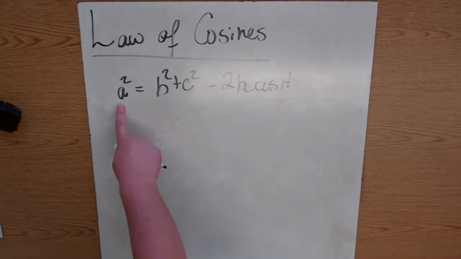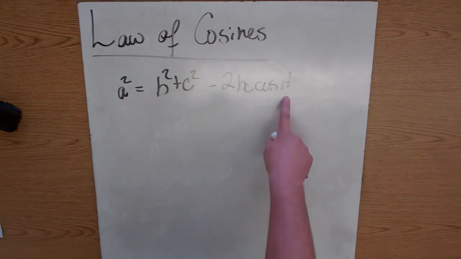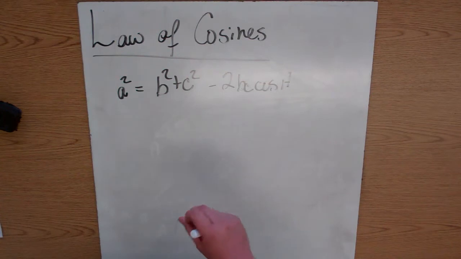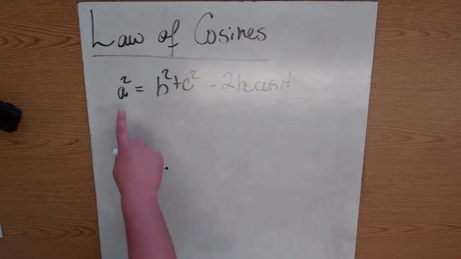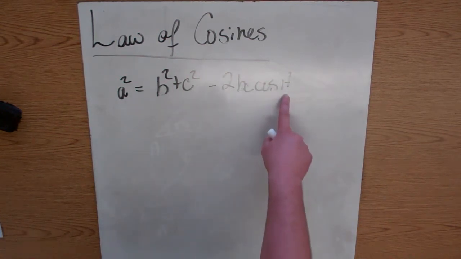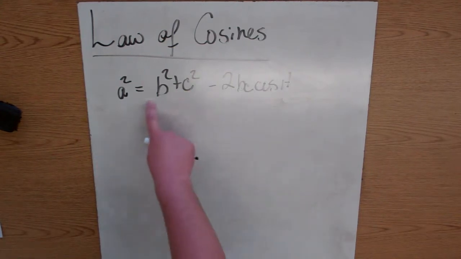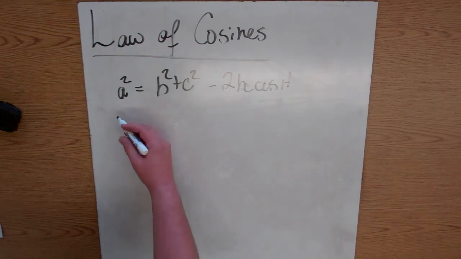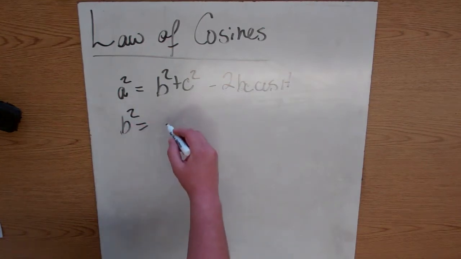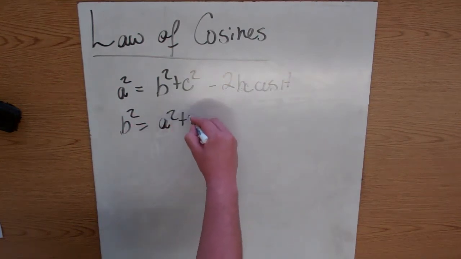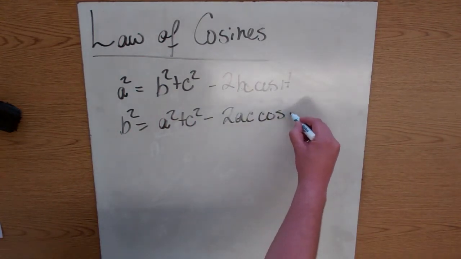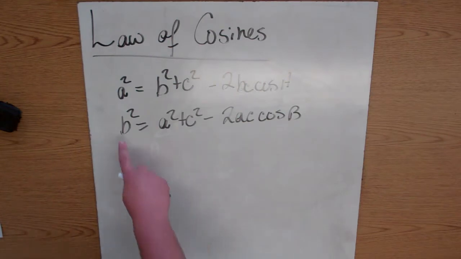If you notice, you start with A, you end with A, but you don't have A in the middle. That's how all of these are going to work out. You start with a letter, you end with the same letter, and in between you have the other two letters. So the next one is b squared equals a squared plus c squared minus 2ac times the cosine of angle B. Start with B, end with B, no B's in the middle.